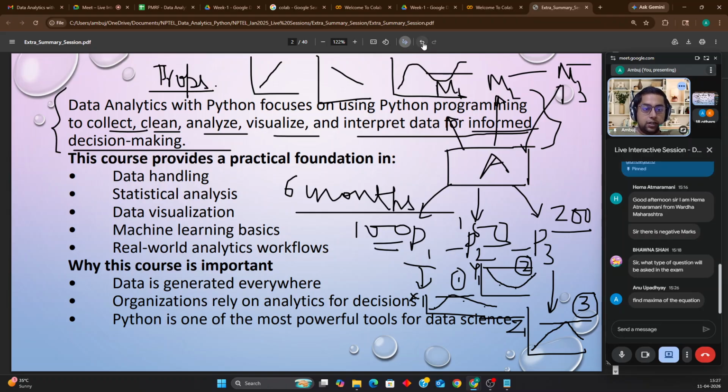Or let me simplify it, no problem. You must be having the habit of writing x and y in particular. So if this is my x-axis, suppose this is y1, this is y2, and this is y3. Now, what you will do with y1, y2, and y3? Explain.